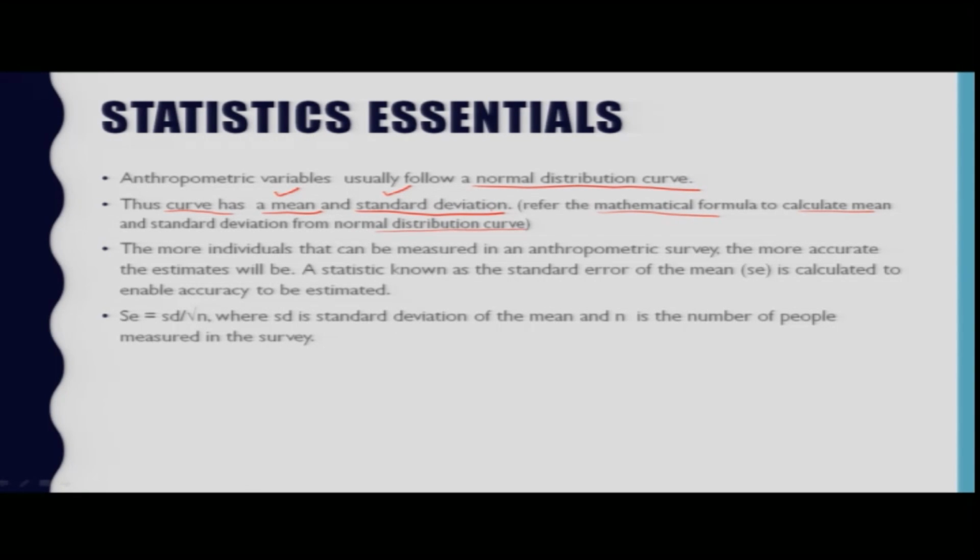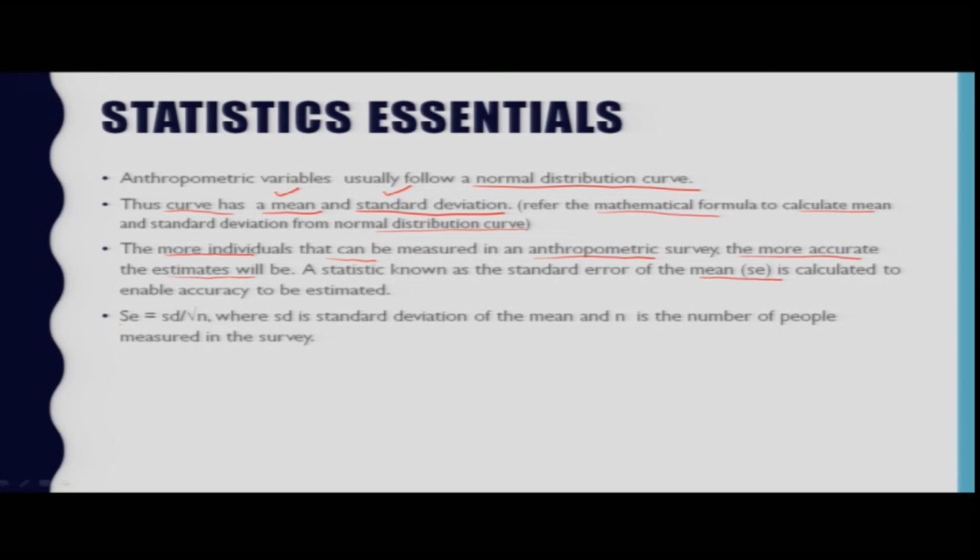The more individuals that can be measured in an anthropometric survey, the more accurate the estimates will be. A statistic known as the standard error of the mean, denoted SE in this lecture, is calculated to enable accuracy to be estimated.